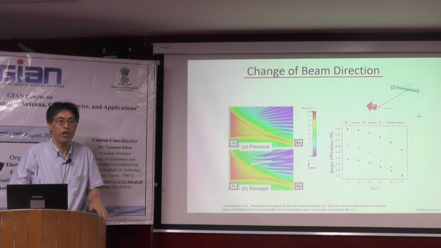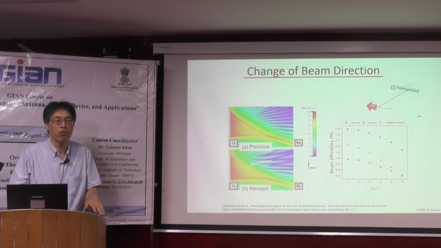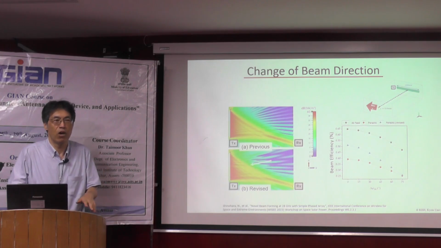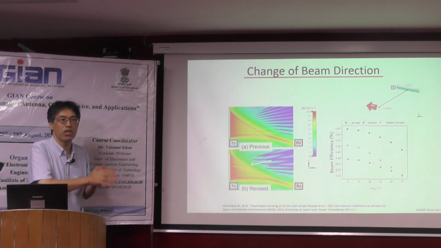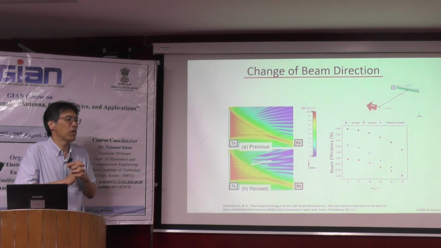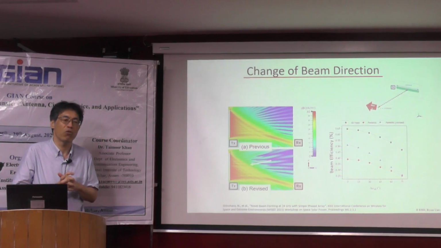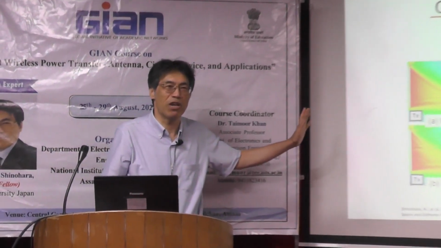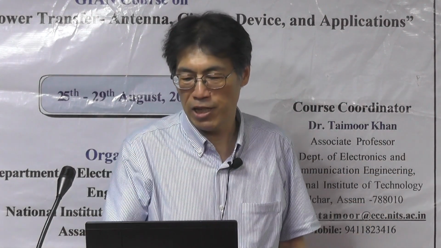And we can suppress the unexpected radiative wave, and we can keep the safety of the radiative WPT system. So for the advanced WPT business or the solar power satellite, this phased array antenna, hopefully with low cost, is expected. So that's all my talk. Thank you so much.